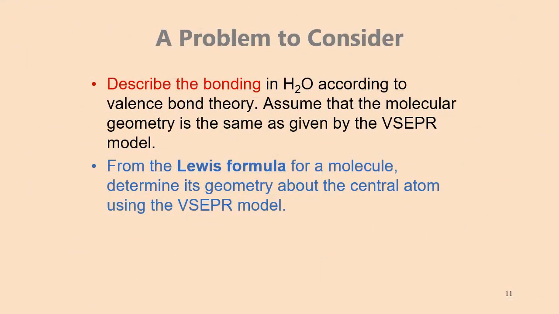A problem to consider: describe the bonding in H2O according to valence bond theory. Assume that the molecular geometry is the same as given by the VSEPR model. From the Lewis formula for a molecule, we can determine its geometry about the central atom using the VSEPR model.